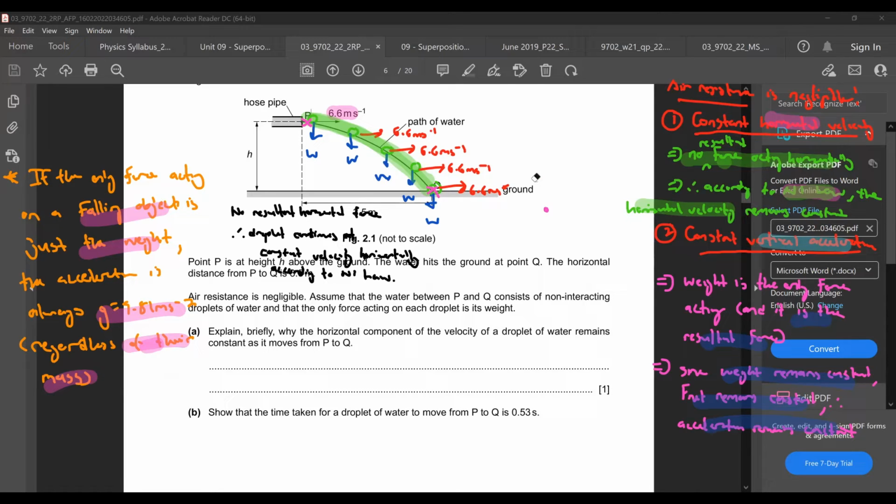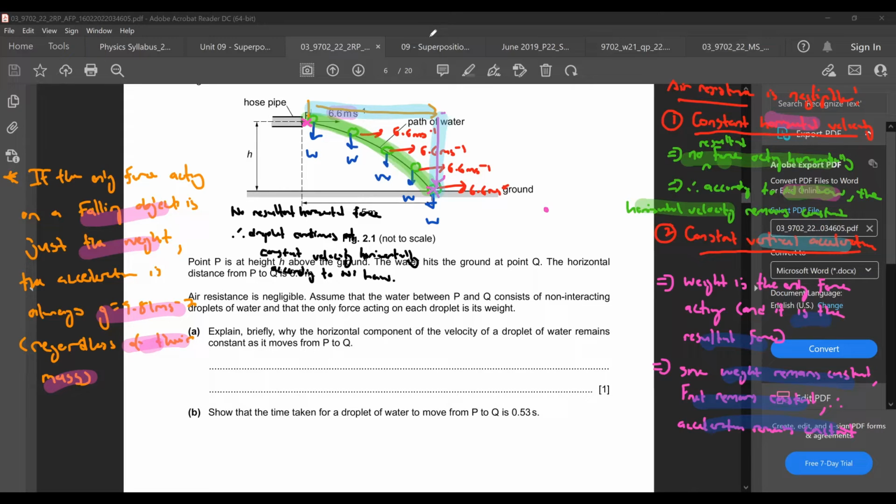The first motion is you moving horizontally like this. And then the second motion was you moving vertically downwards like this. Okay, these are the two motions. For you to move from P to Q along this parabolic path, you can think of it as consisting of two motions: number one horizontally, and number two vertically.